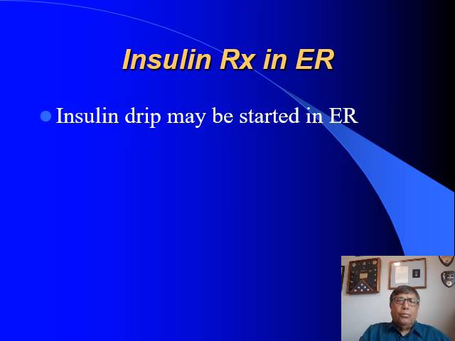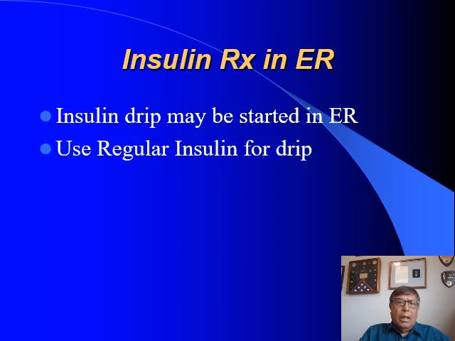After the fluid bolus resuscitation, an insulin drip may be started in the emergency room, especially if a delay is expected, and fast acting insulin is used in the insulin drip.